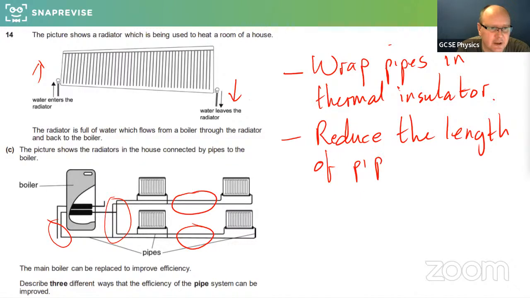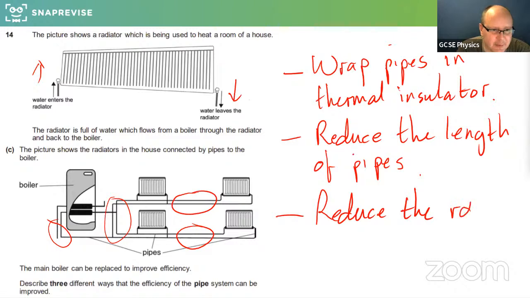and that would lower the time that the heat has to transfer across the pipe wall. And another thing we can do is reduce the radius of the pipes.